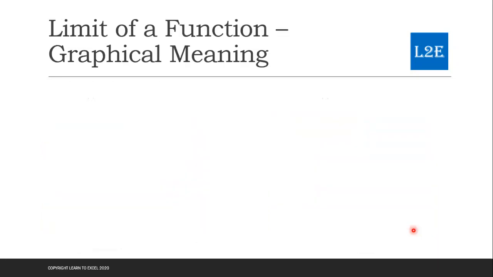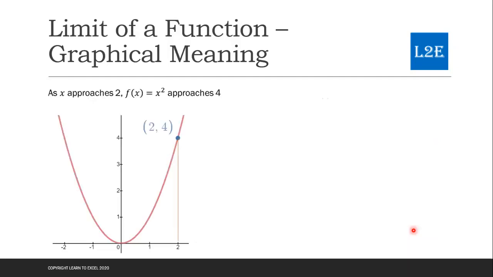Now, another way of answering this question is by using the approach of graphs. We're trying to figure out what the graphical meaning of finding the limit is. So look at this graph. Here f of x is x squared. As you know, it's a parabola, and this is how it looks. I want to find out what happens when x approaches 2.